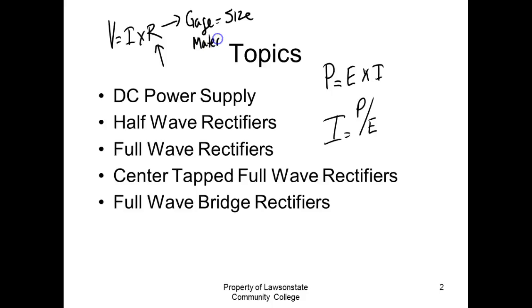The material. We have two primary materials used as conductors. We have copper and aluminum. Okay, then what else? Well, let's go. Temperature last, then the length, and then the temperature.